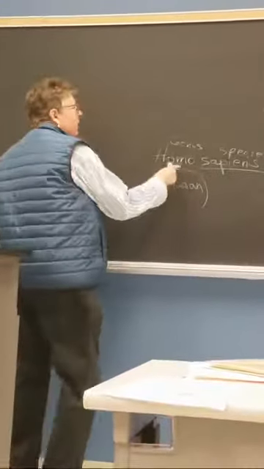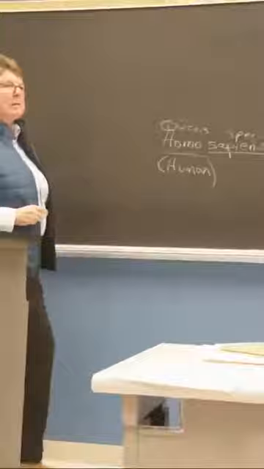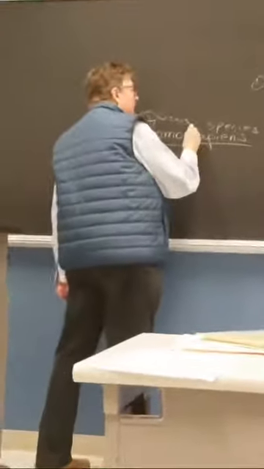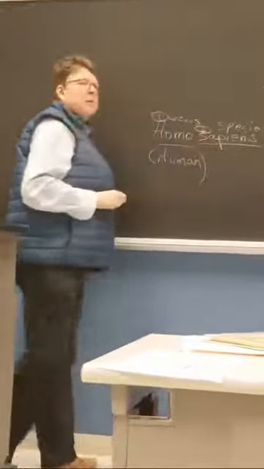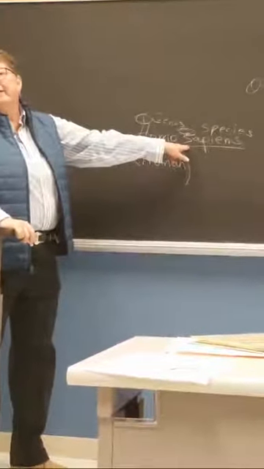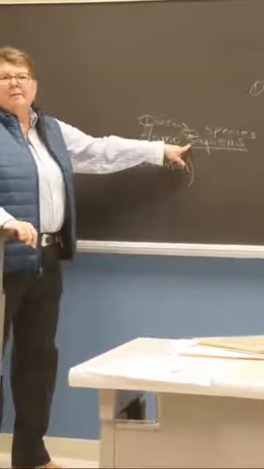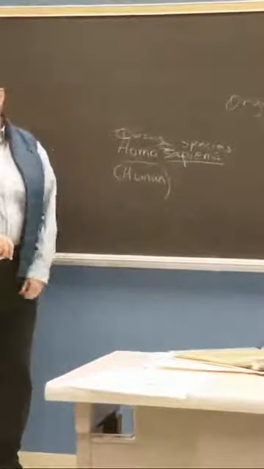Because the genus name is always written with a capital letter. The species name, this is the second point, is always written with a lowercase letter. So if you're reading something where they've been separated, this will always be a small s, that'll mean it's a species name.